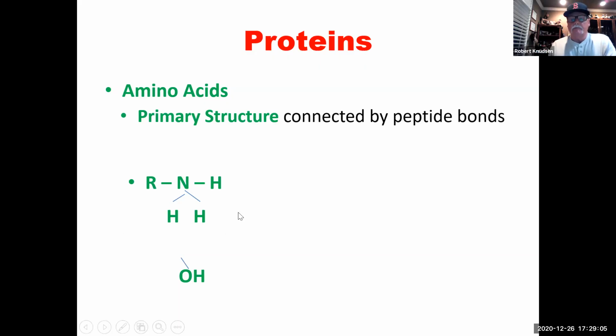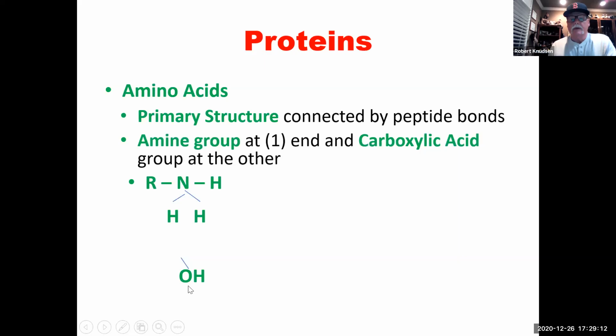Here's your amino, and there should be a C here for acid. Amino acid. Amine group and a carboxylic acid. This should be a C double bond O, which is the carboxylic acid. This is the amine group. The N, nitrogen, makes it an amine group. This is an amino acid.